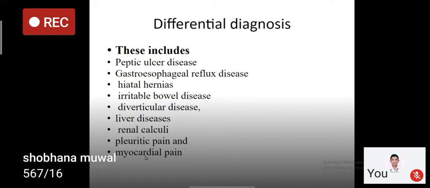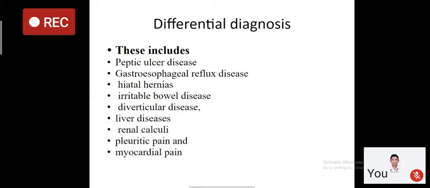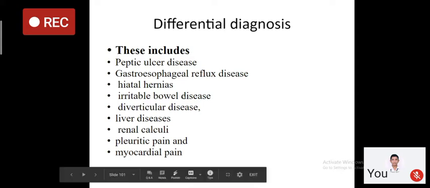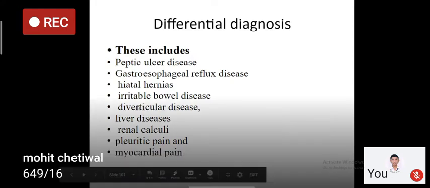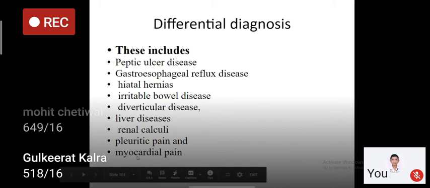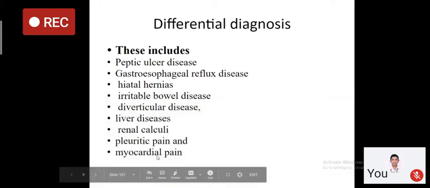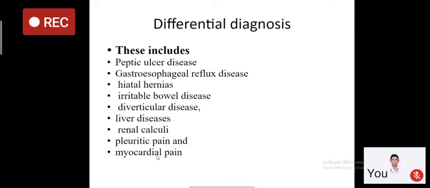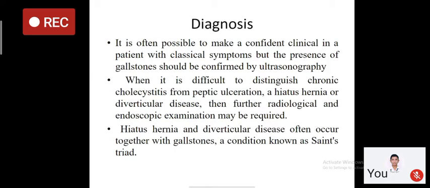So in a patient with pain mimicking cholecystitis, you should always rule out all these conditions by doing other investigations. Sometimes a patient can have the pain of myocardial infarction, so you have to always do ECG in a patient with pain in the epigastrium and right hypochondrium.